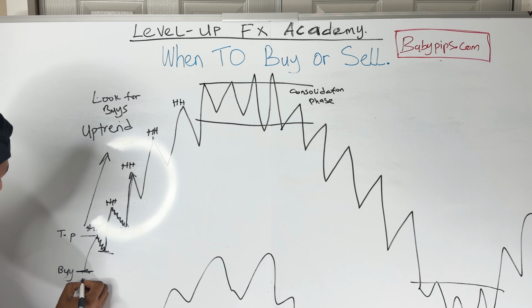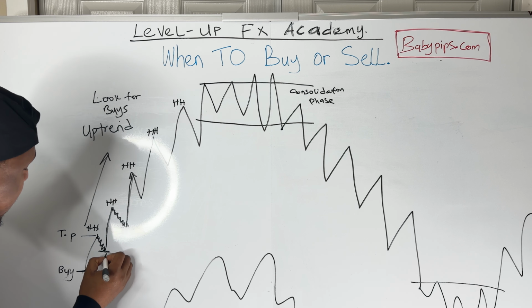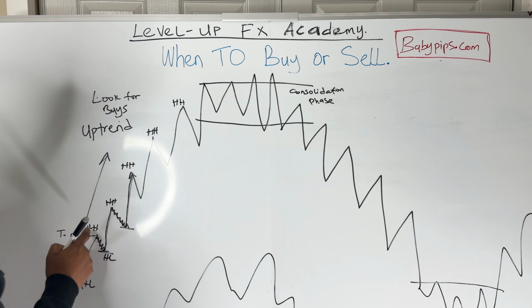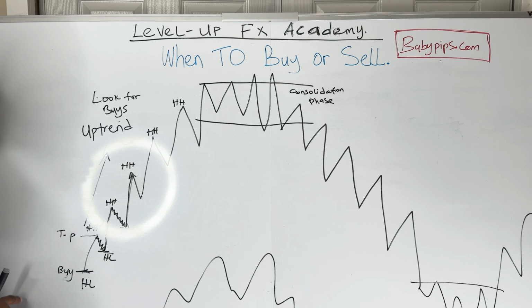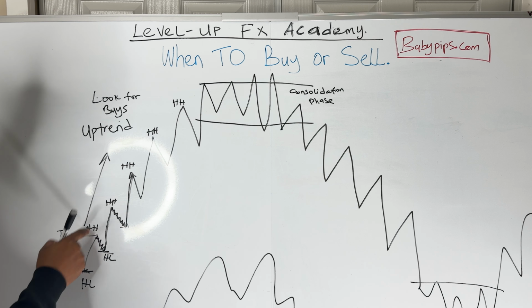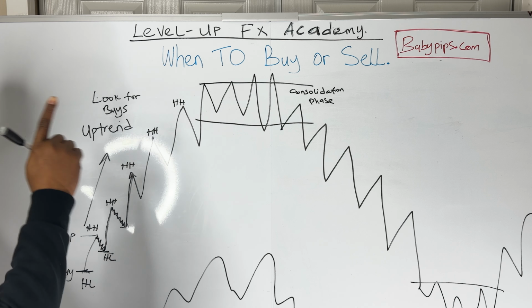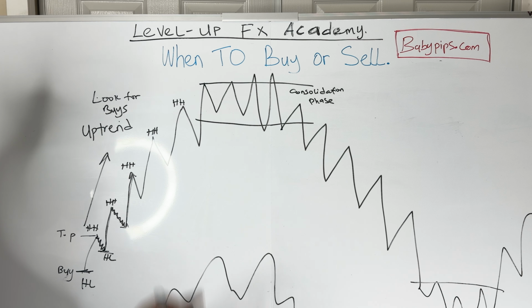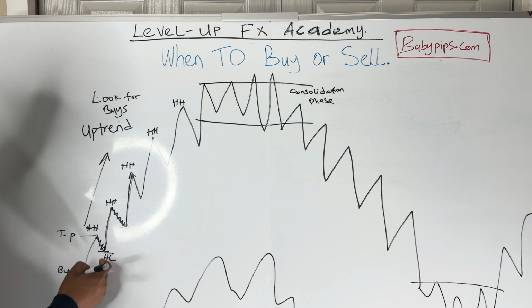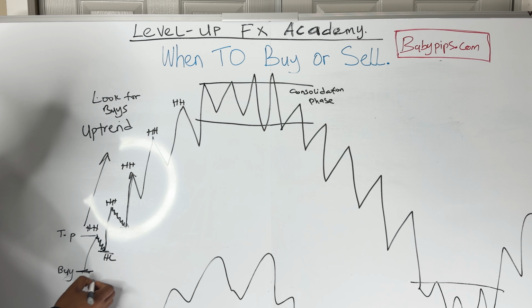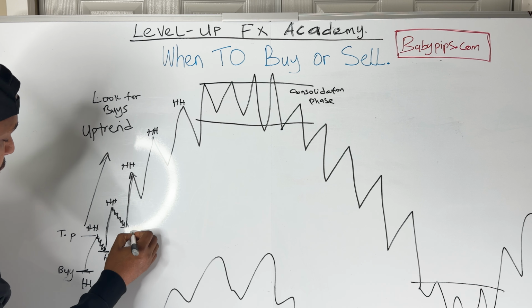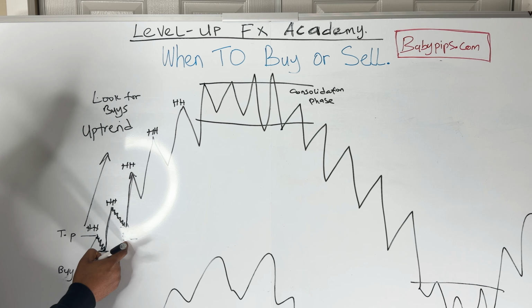And these lows are called higher lows. This is a higher high because it's higher than the previous high. This is higher than this high, this is higher than this high, until we go up. As it keeps going up, this is a higher low because this low is higher than this low.